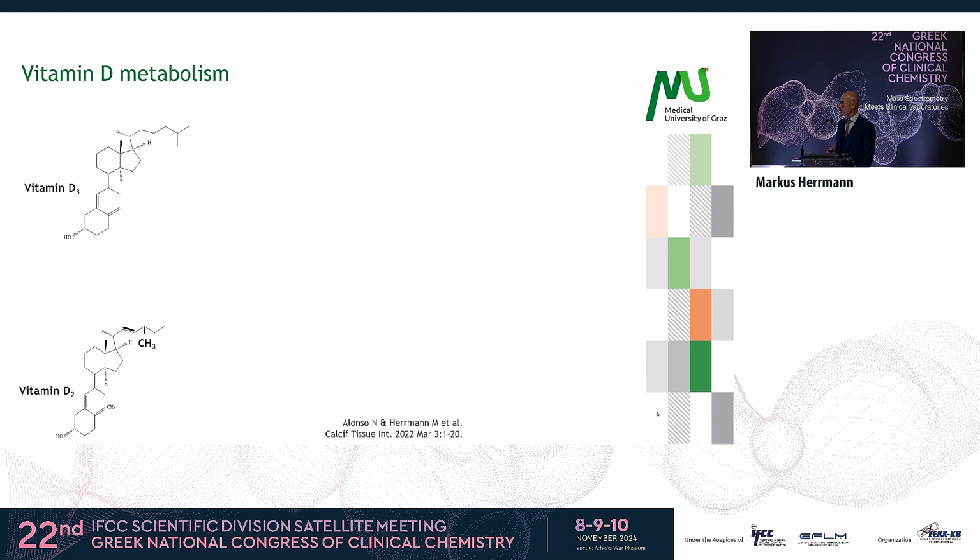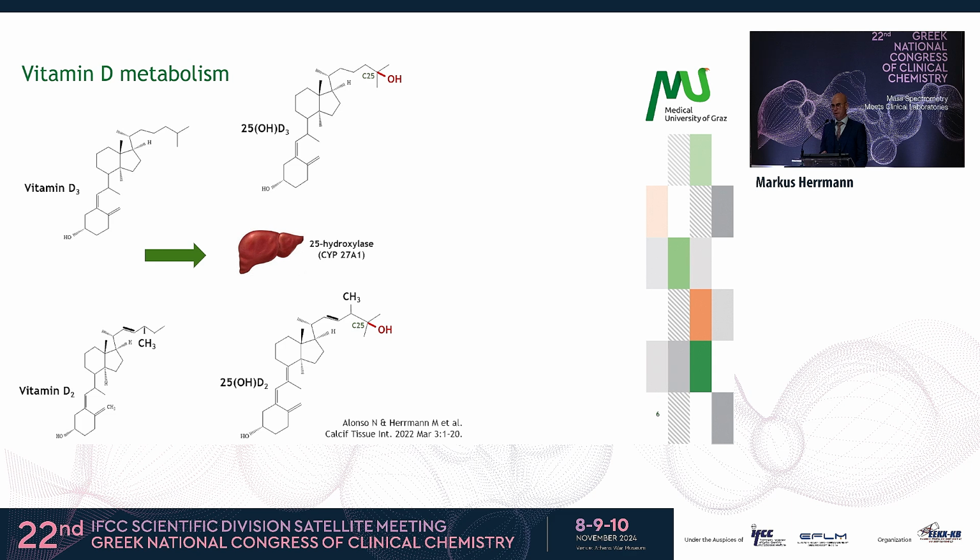However, both forms of vitamin D are inactive and require 2 hydroxylation steps in order to obtain biological activity. Now, the first hydroxylation in position 25 occurs in the liver, and the resulting 25-hydroxyvitamin D is the most abundant vitamin D metabolite in blood, but it is still inactive.